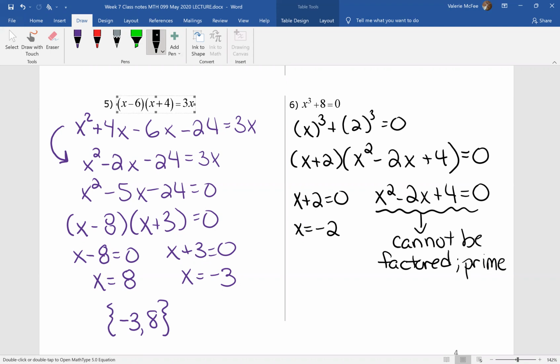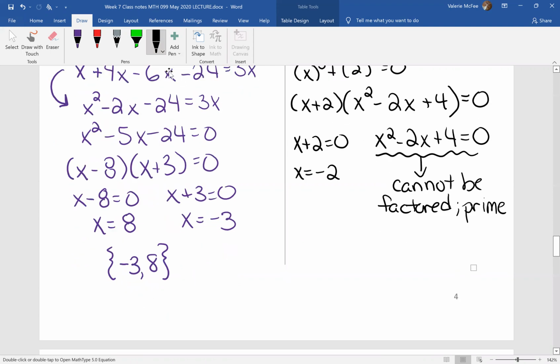Some of you are familiar with the quadratic formula. Let's use that here and see what happens when I plug my values for a, b, and c into that formula. We see that a, the number multiplying x squared, is 1. We see that b, the number multiplying x, is -2. And c, our constant, is 4.